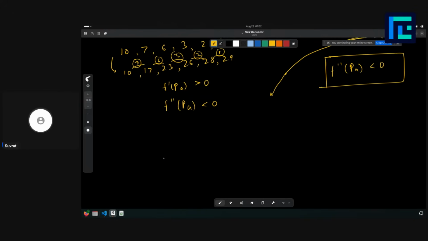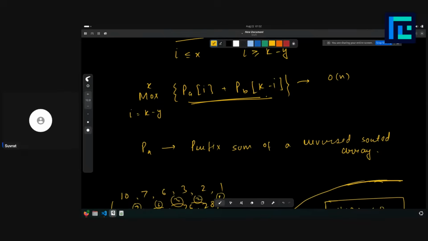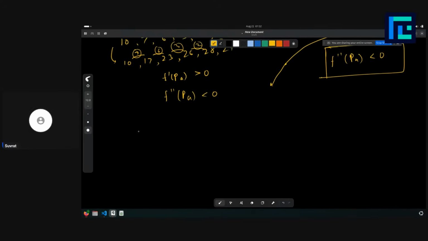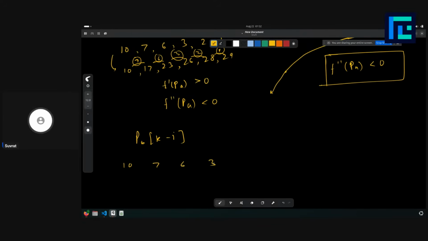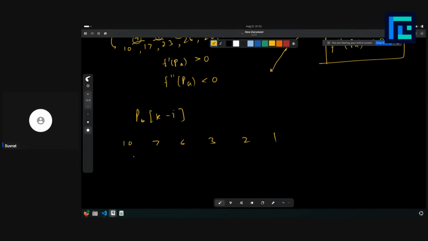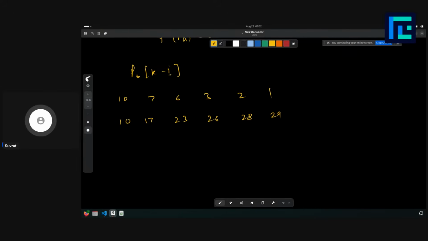So now let's try to see PB of k minus I. Right. Again, let's take some example. Let's take the same example, 10, 7, 6, 3, 2, 1, and the prefix sum 10, 17, 23, 26, 28, 29. Now for I equal to 0, actually our function is from here to here.